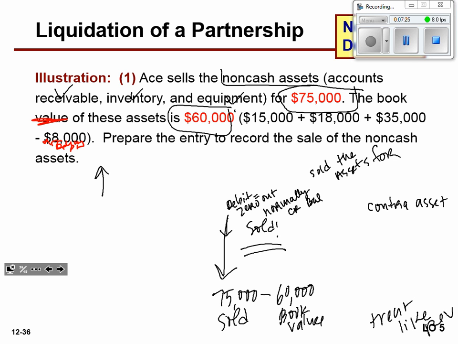But we sold, valued at 60, we sold it for 75. So that's where you see what we sold it for minus its book value. How much money did we make on the sale or the liquidation of this? $15,000. So we got $75,000 cash from whoever we're selling to.